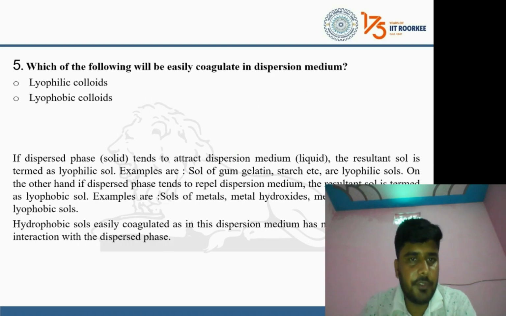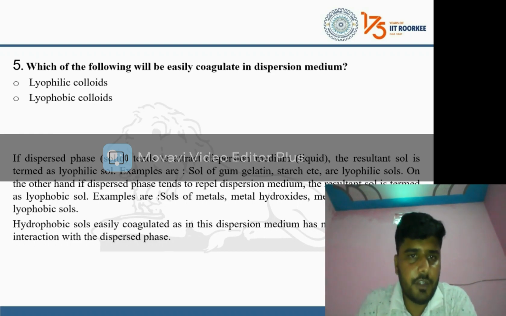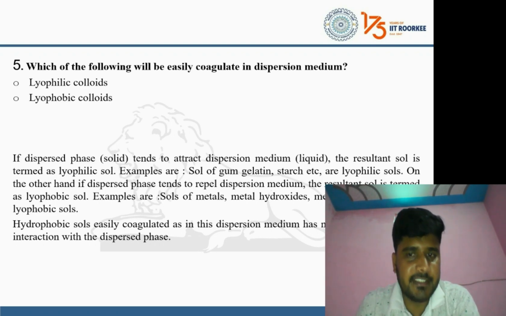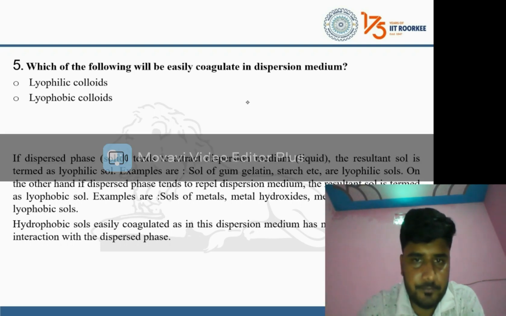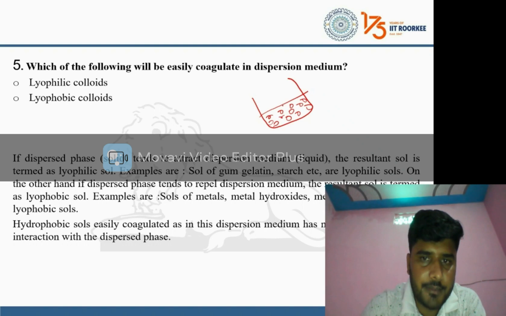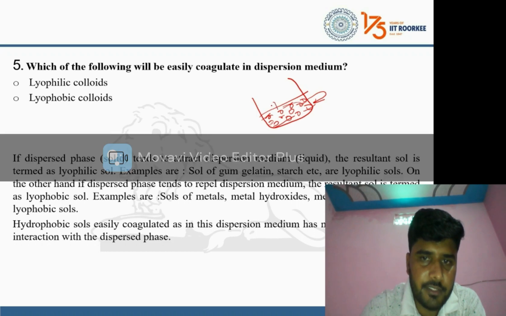Now the fifth question I will discuss. This is also a very basic question: which of the following will easily coagulate in the dispersion medium, lyophilic colloids or lyophobic colloids? You all know, if the dispersed phase, that is the solid, tends to attract the dispersion medium, for example if these solid particles are dispersed in some solvent and they have more affinity for it, they tend to remain with the solvent phase.